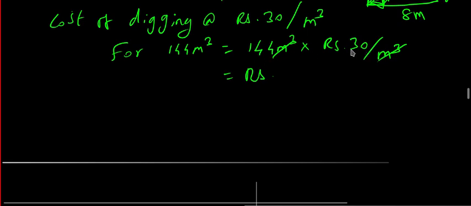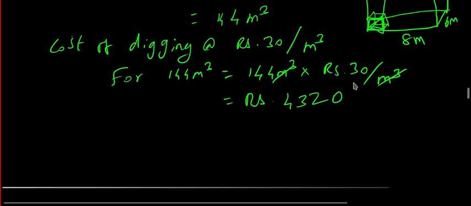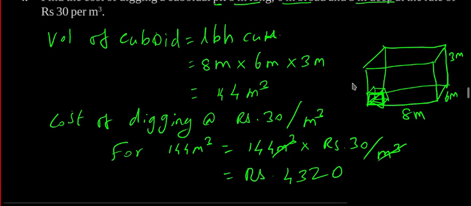So, 144 into 3 we will multiply. 3 4s are 12. 4 3s are 12 plus 1, 13. 432 and 1 zero. So, 4,320 rupees to dig this cuboidal pit of this length, breadth, height. With this dimension, if you want to take out this pit, for 1 cubic meter we need to pay 30 rupees.